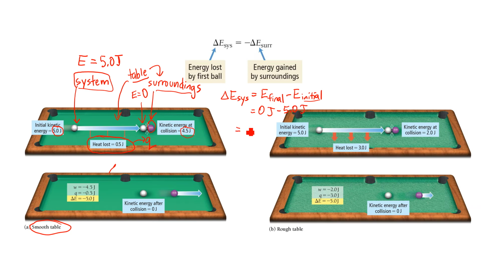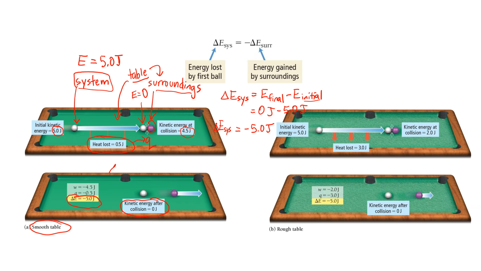It's just going to be negative 5. So that's the change in internal energy of the system. Well, check it out, that's what we got over here. All that kinetic energy is lost to the purple ball and the table. So notice that the change in internal energy of the system is negative 5 joules.